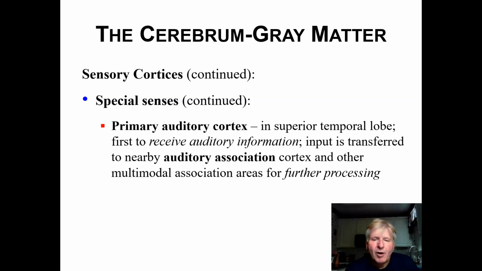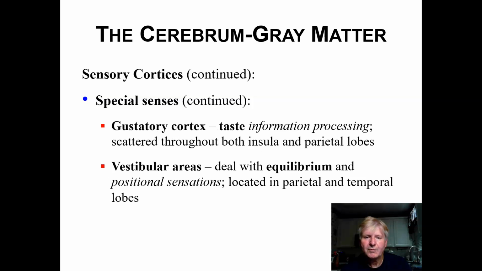The primary auditory cortex is located in the superior temporal lobe, and this is the area that receives auditory information. That input is then transferred to the adjacent auditory association cortex and the other multimodal association areas to be further processed. The gustatory cortex is another special sense, and this is where taste information processing occurs.